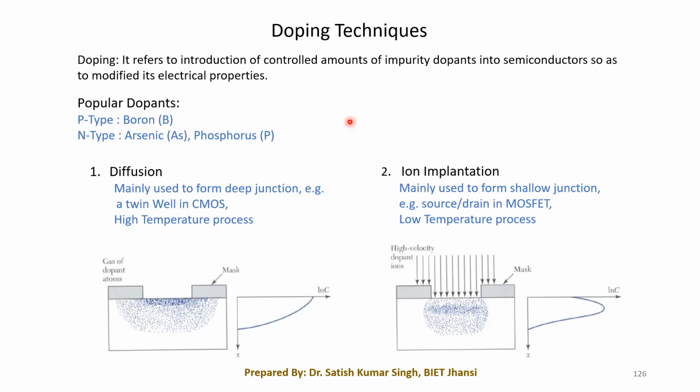Whether it is an elemental or a compound semiconductor, doping means we have to add a certain type of dopants. As you must be aware, there is n-type doping and p-type doping. For n-type dopants in silicon, we have arsenic, phosphorus, and antimony.